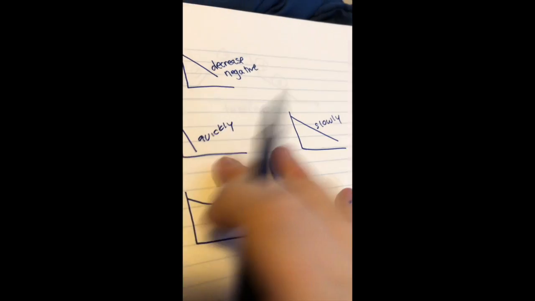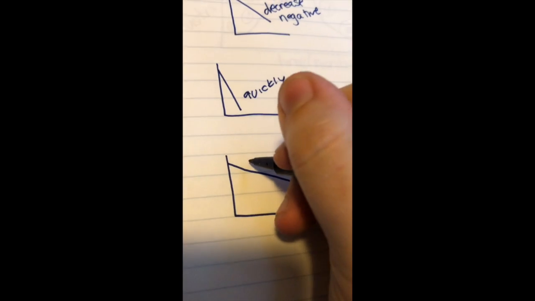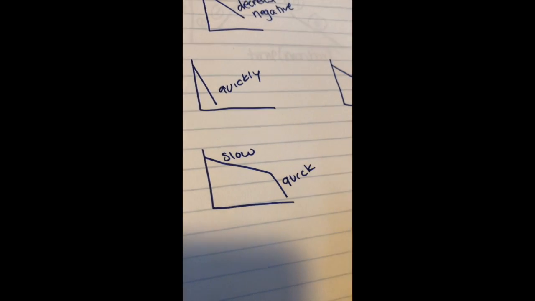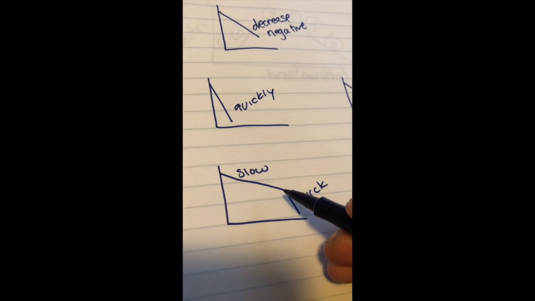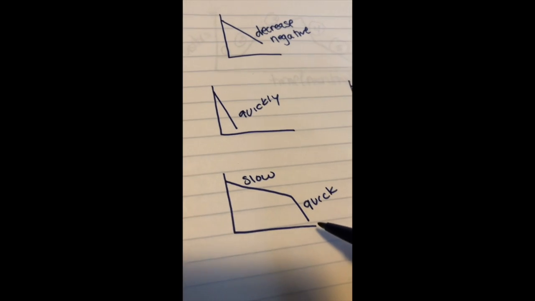And again, you may not see it as quick or slow if they're individual and by themselves, but if they're right next to each other, you may be able to say that this is more slow and this is more quick. So you could say that you are slowing down in the traffic, or maybe as you're getting onto the main road, and then you are slowing down quickly for a red light at the intersection.